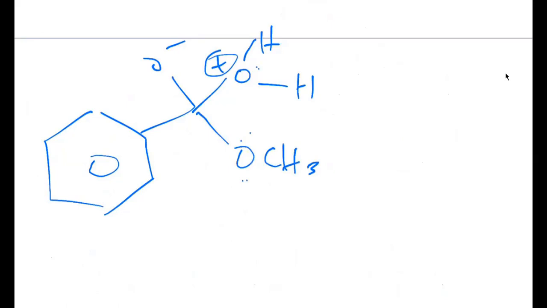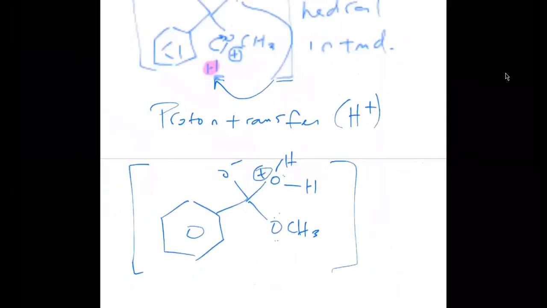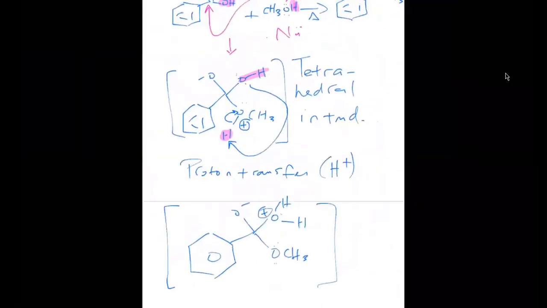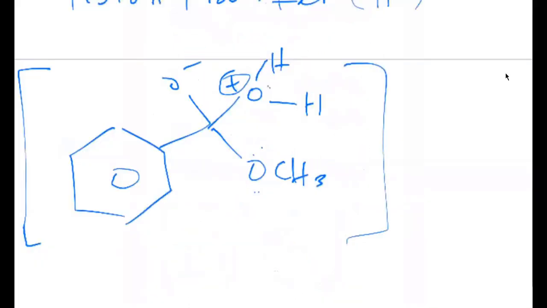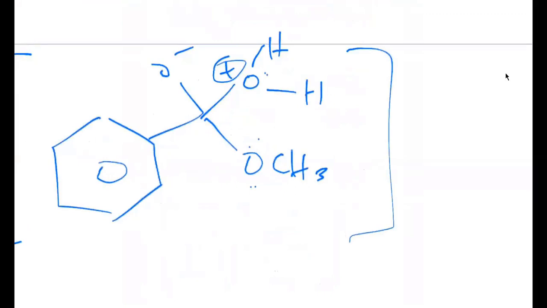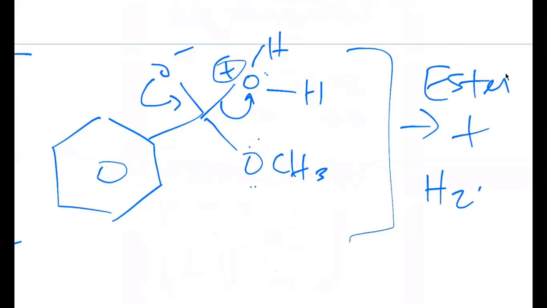Yes or no? Okay, then would you move the electrons off the oxygen negative? So now we can force that water out. And that's going to give me my ester plus water. So that's a type of condensation.